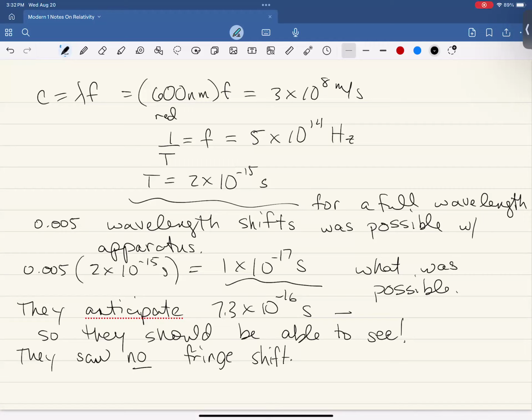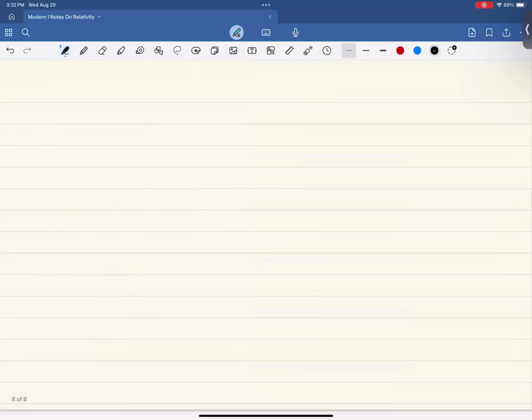So let's compare what was possible now and see what ether speed that corresponds to. Okay, so what ether speed corresponds to the sensitivity of the device? That's the floor.